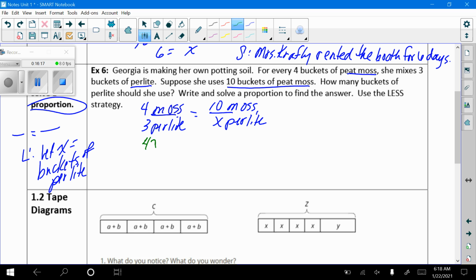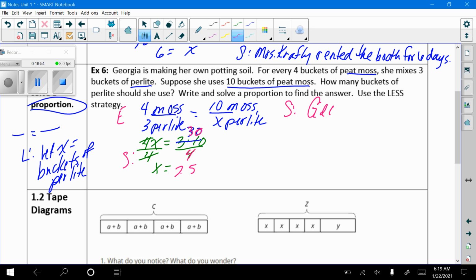So 4x is equal to 3 times 10, and divide both sides by 4. So x equals, I can't really do anything here. Oh, I can divide by 2 on both of these, and it'll be 5 over 2, but it won't be nice and pretty. So let's say this is 30 divided by 4. 30 divided by 4 is 7.5. So I've solved it. I have my equation and then my statement.